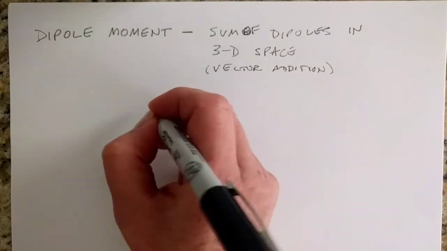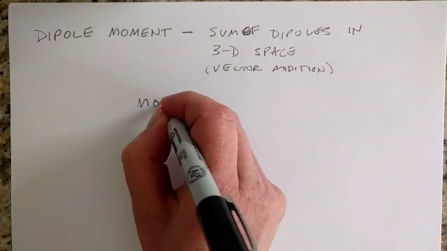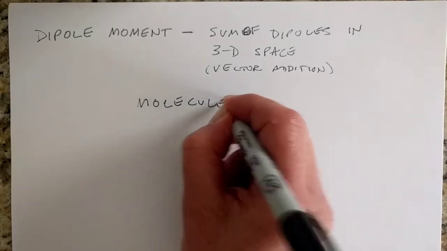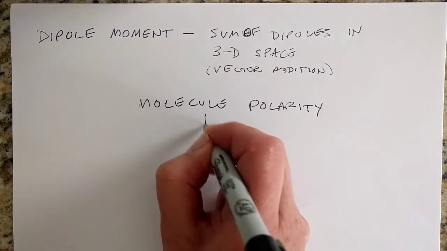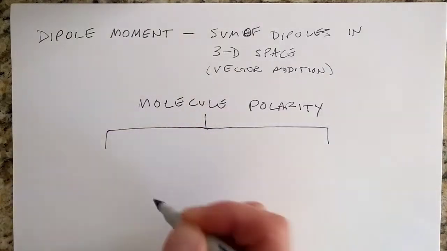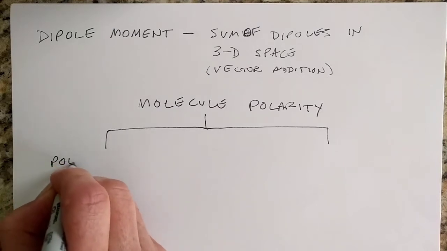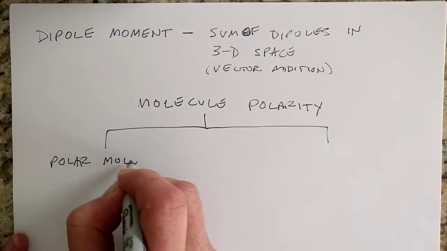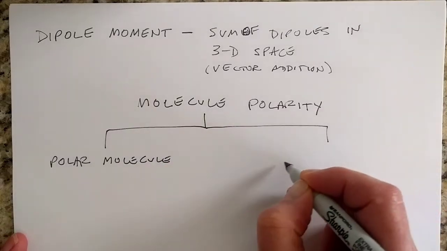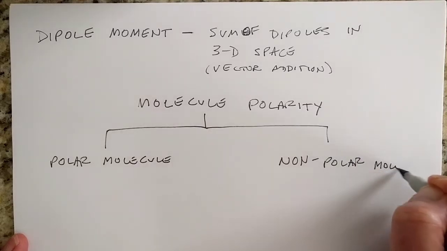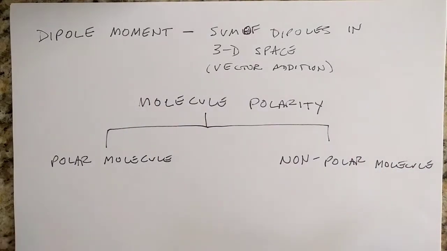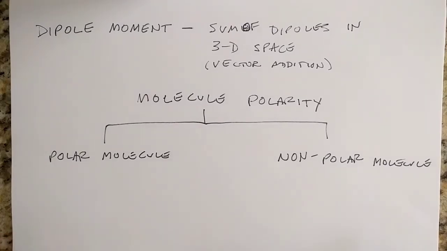Okay, so how does that relate to molecule geometry? Molecule polarity. Okay, so our molecule can be polar or nonpolar. All right, when we have a polar molecule, our dipole moment, our sum, does not equal 0.